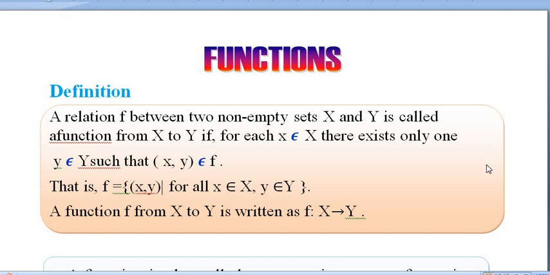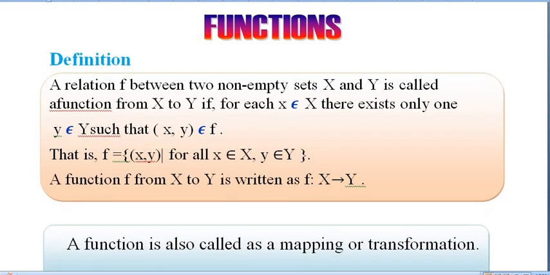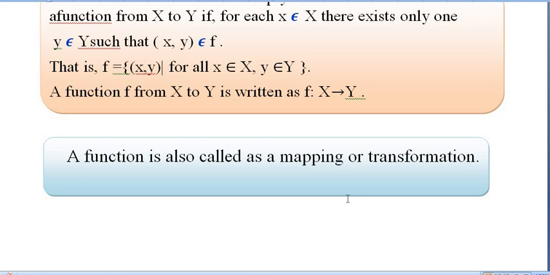That is, f equals the set of (x, y) such that for all x belonging to capital X, y belongs to capital Y. A function is also called a mapping or transformation.